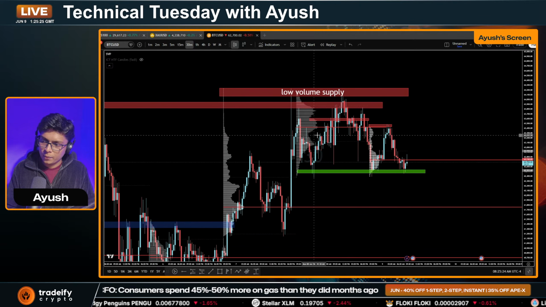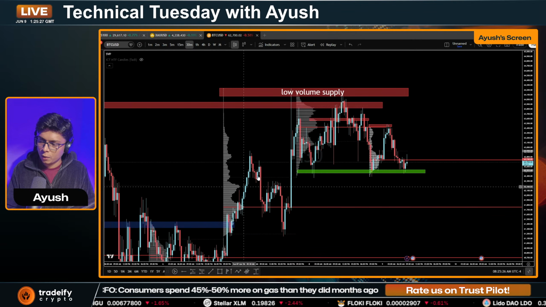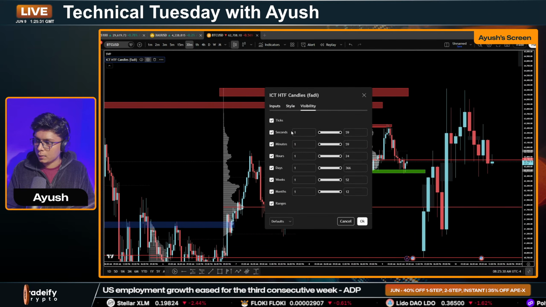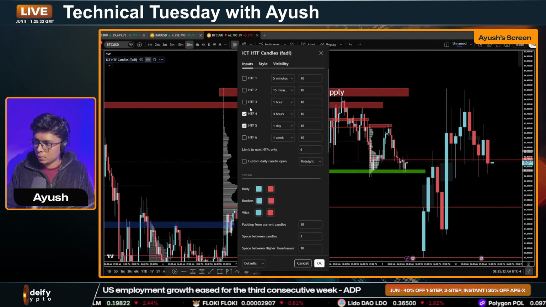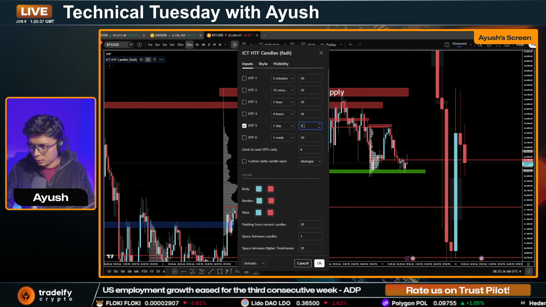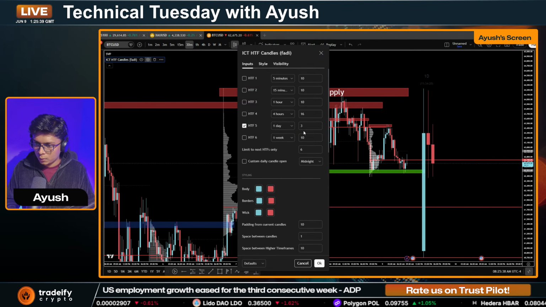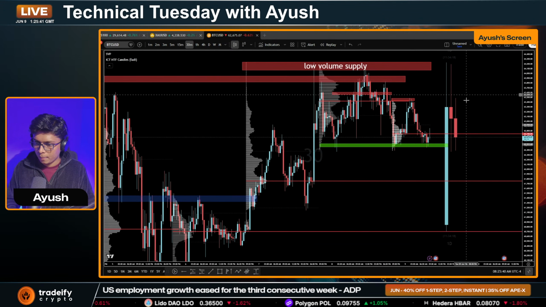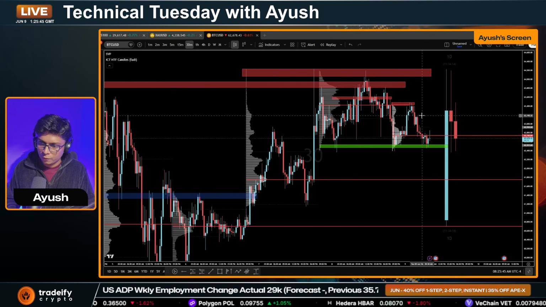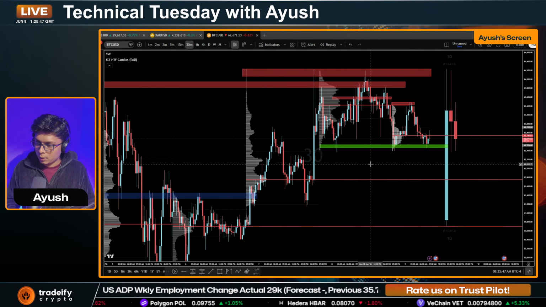If we have a separate volume profile of this daily opening candle, when I say daily candle, let me add the higher time frame indicator and leave only 3 candles. So these 3 candles, you can see 3 volume profiles tagged in this chart.